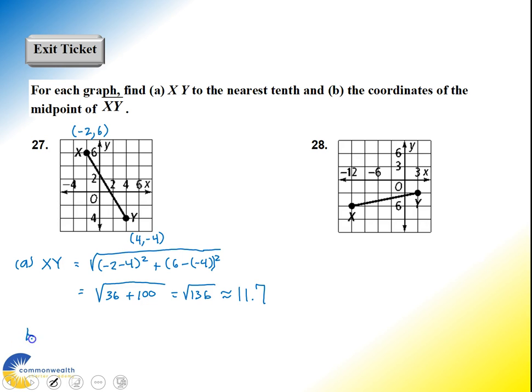And then for B, the midpoint, I'm of course just going to use the midpoint formula since I have the two endpoints. All I do is basically average my x coordinates. My x coordinates are -2 and 4, and my y coordinates are 6 and -4.